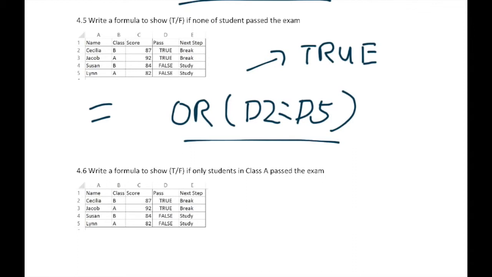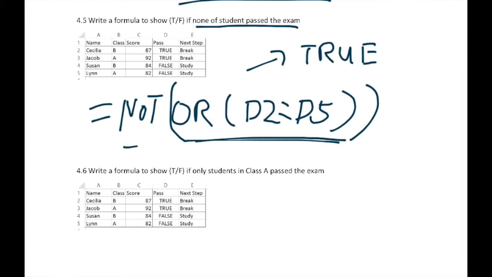If there's anyone, and then if any student passes the exam, then because we want to know if none of the students pass the exam, our outcome should be false. So we can add a NOT in front of it. In this case, if any of the students pass the exam, we will run out as false.